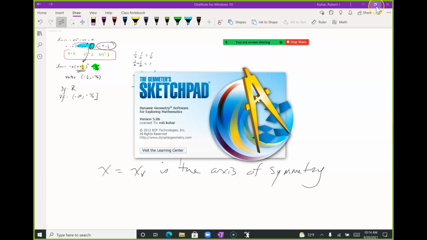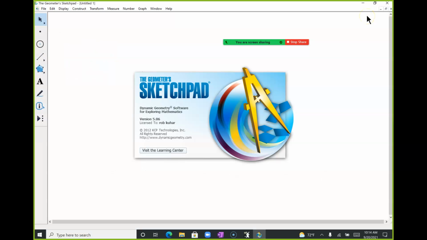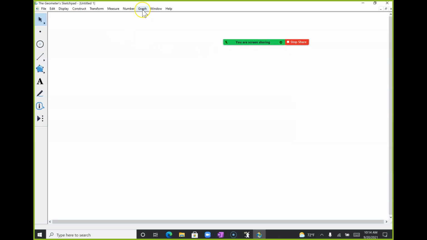It's not free. You can always download it and do a demo with it, but then you can't save anything. I think it'll allow you 30 minutes of work on it at a time. And there's probably good apps out there, but I'm so comfortable with this one.